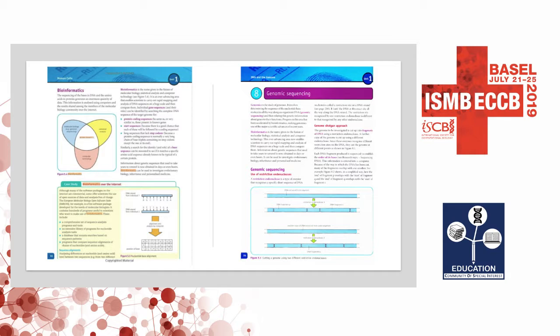However, it is essentially just a couple of sentences in a textbook, and a confusing diagram that I think is getting at bioinformatics being interdisciplinary. Which it is, which is great, but it doesn't really inform students of what bioinformatics is.